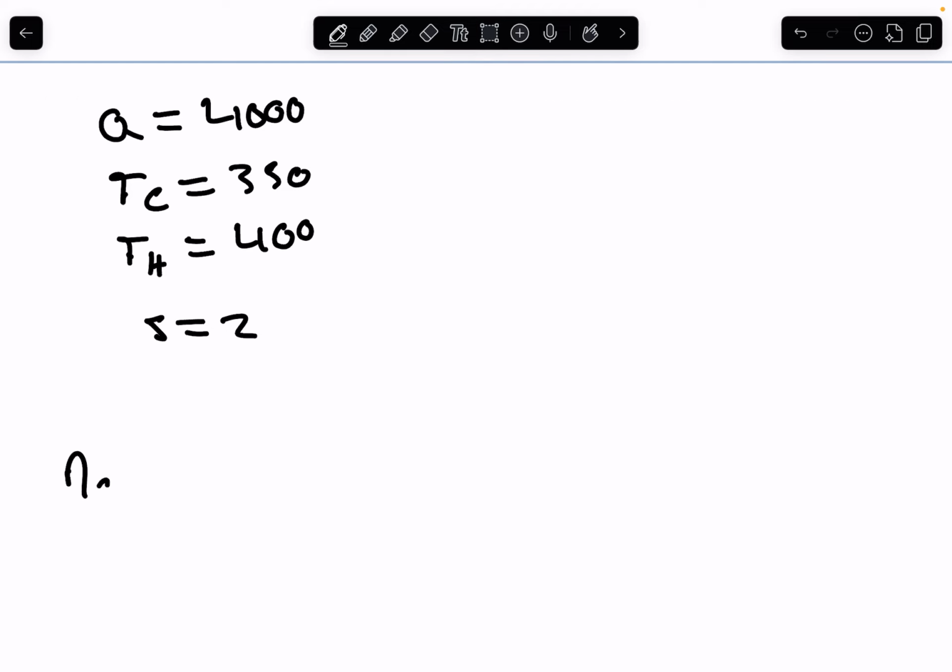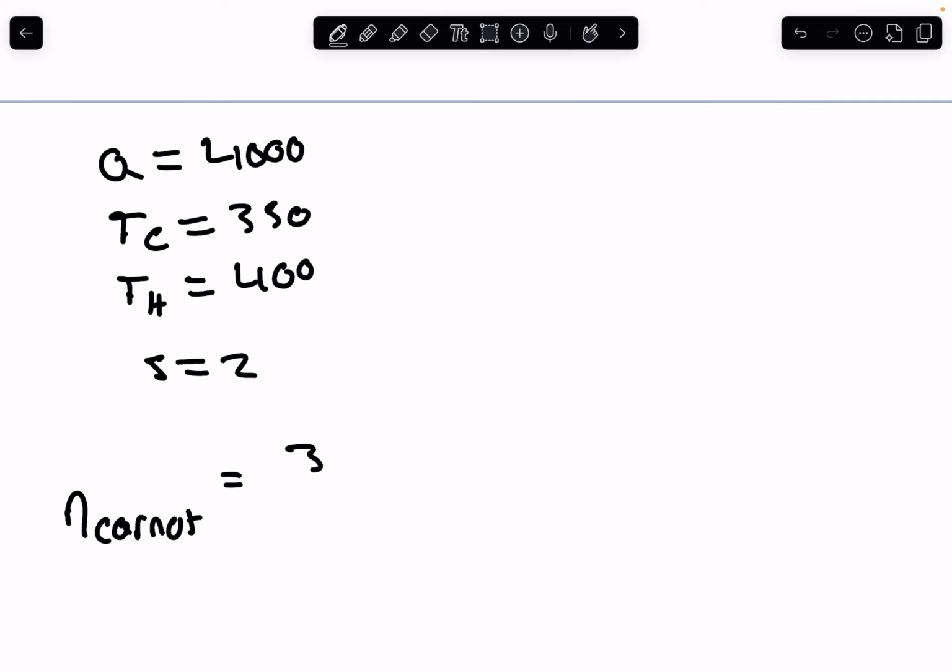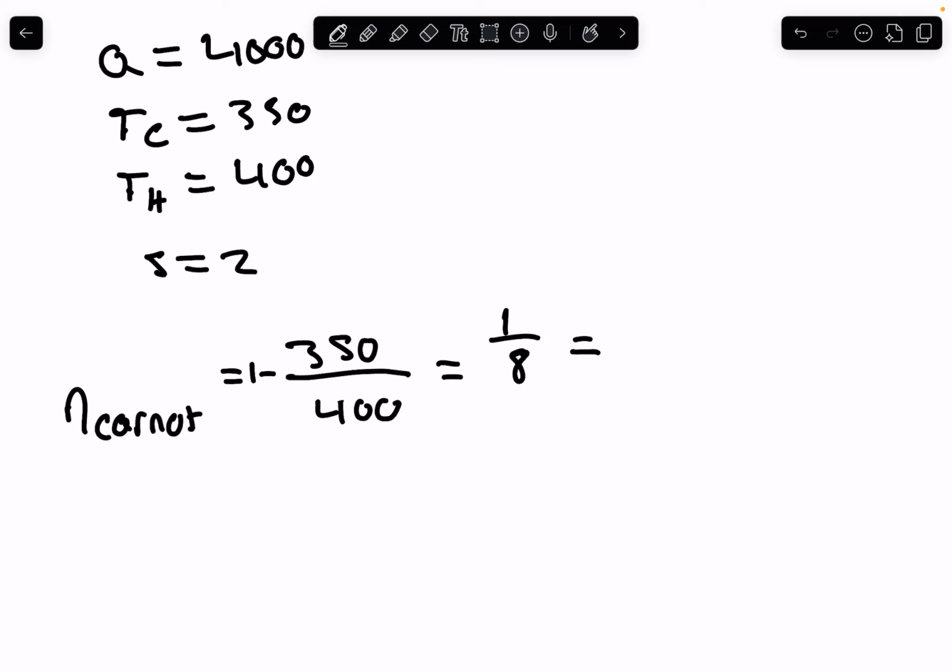So you know that Carnot efficiency equals 1 minus 350 over 400, just 1 minus T cold over T hot. This is going to equal 1 over 8 on your calculator, which is equal to 0.125 or 12.5%.